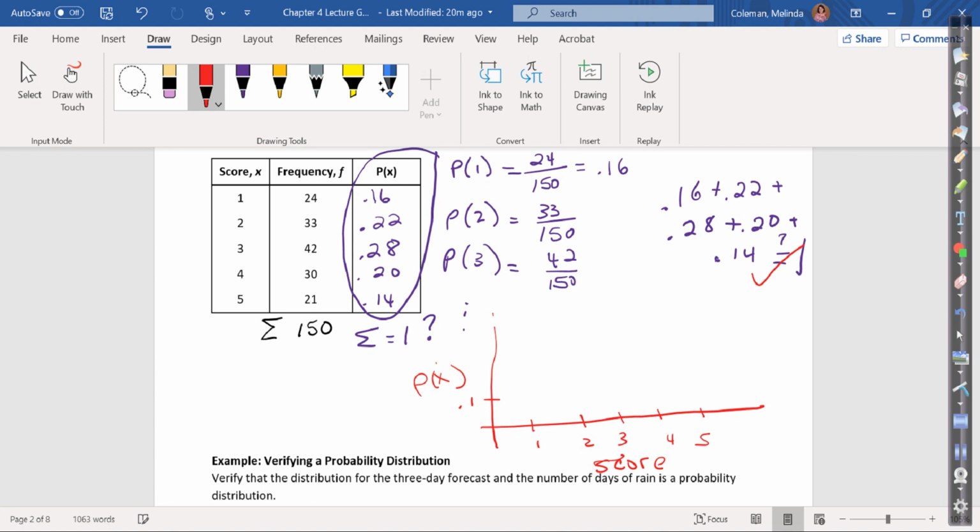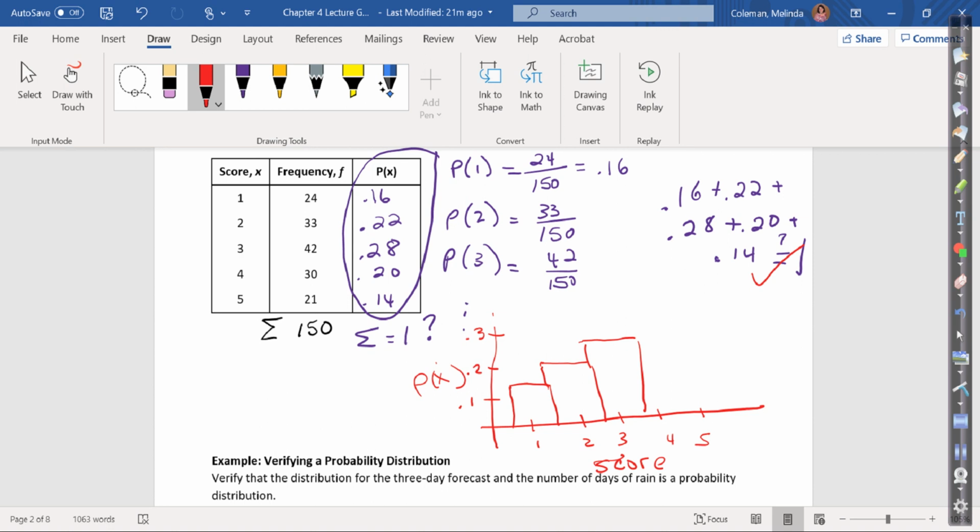So 0.1, 0.2, 0.3. P of 1 is 0.16, so about halfway between. P of 2 is 0.22, so a little above the 2. The third box is 0.28, so almost to 3.